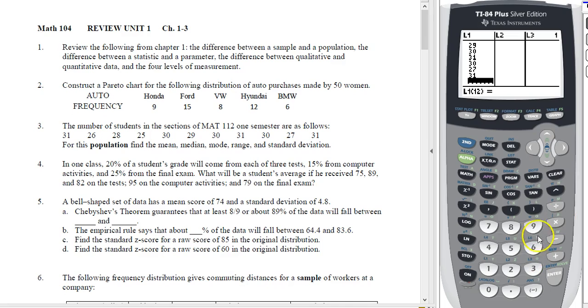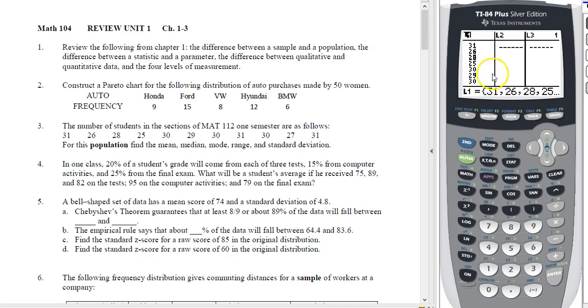And always double check when you type in data, always proofread your data, make sure you didn't make any typos. You can arrow up and scroll up through the list of data, make sure that there are no typos, because that's one of the biggest sources of error and getting problems wrong on a stats test.